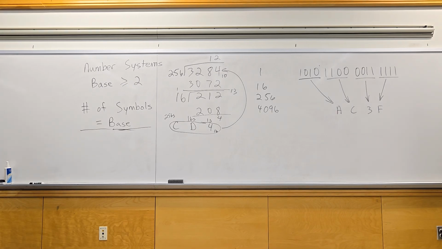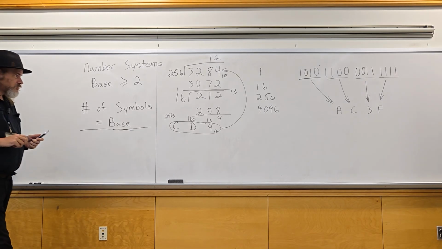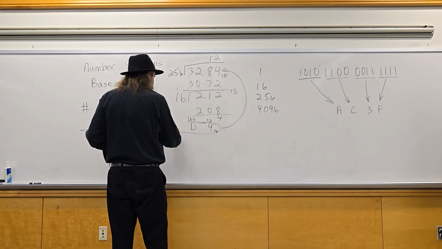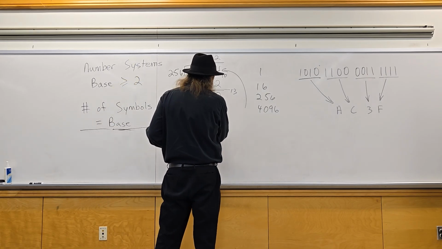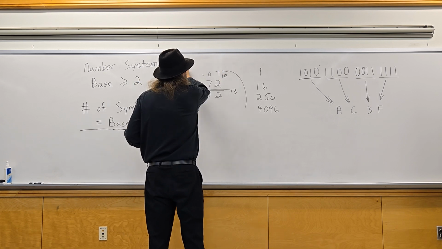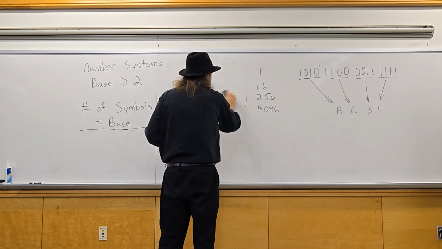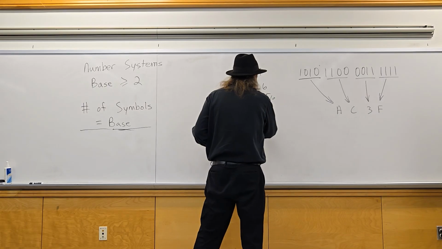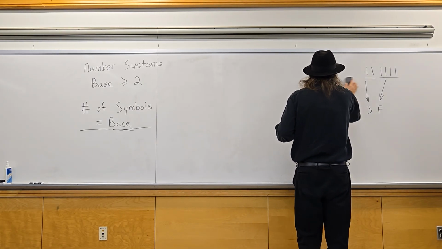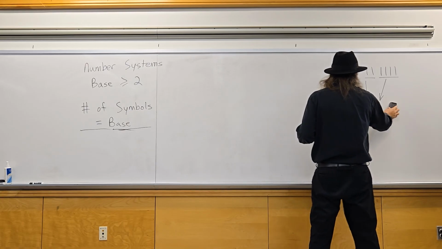Now, where people get tripped up is negative numbers in other bases. The easiest way to deal with negative numbers in binary and hexadecimal is to deal with them in binary first and then convert them to hexadecimal afterwards if necessary.